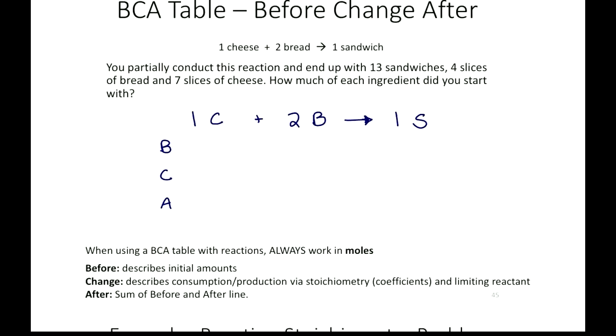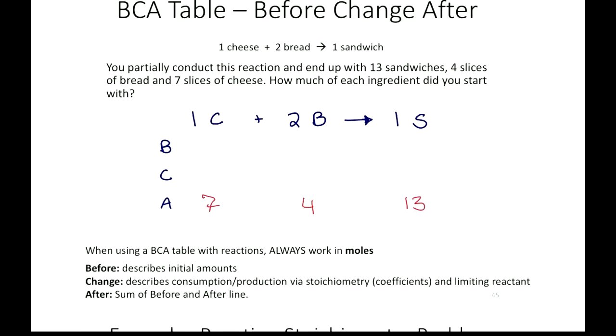Do I put that in the before line? No, where should those numbers go? After line, because that's after the reaction has been completed. Although we don't go to completion, that's okay. So I'm going to put 13 sandwiches, 4 breads, and 7 cheese.